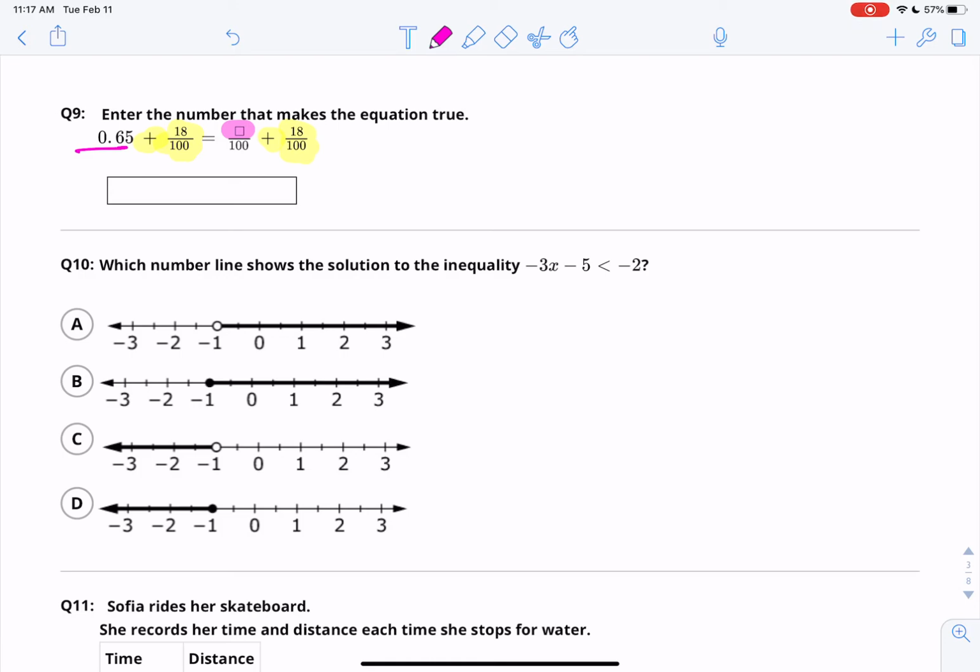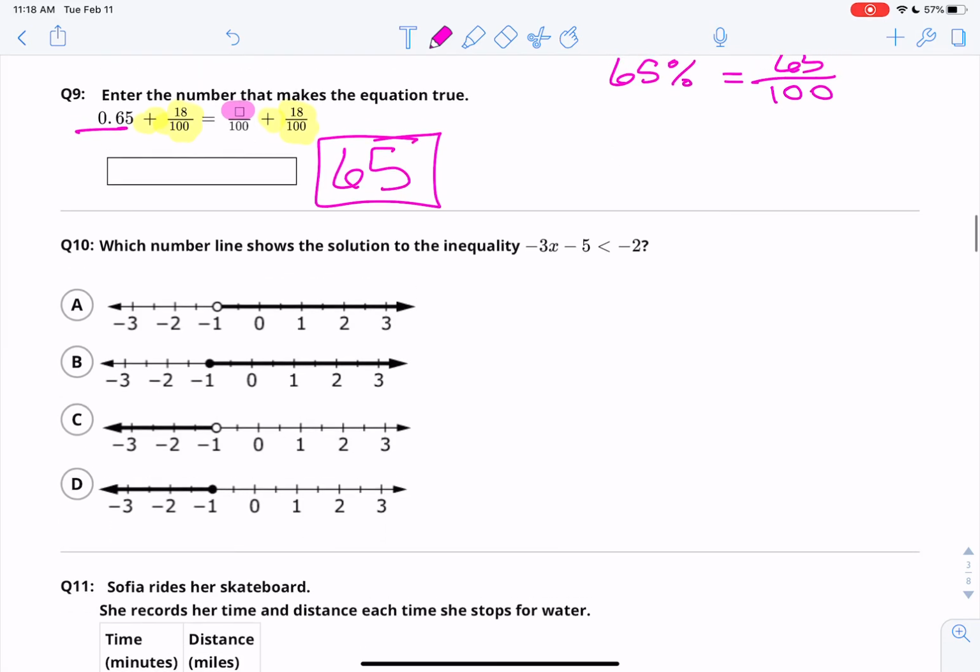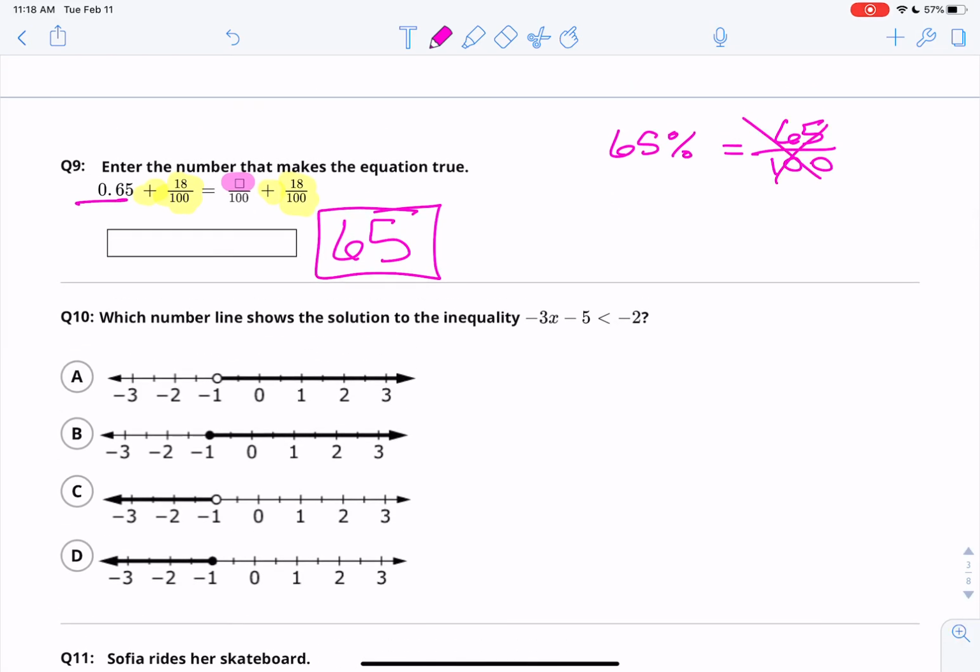If it turned into a percent, it'd be 65%, which means out of 100, which means the answer is 65. Because 65%, written as a fraction, means 65 per 100. And remember, you don't write it over 100, they just want the box, so it'd be 65.